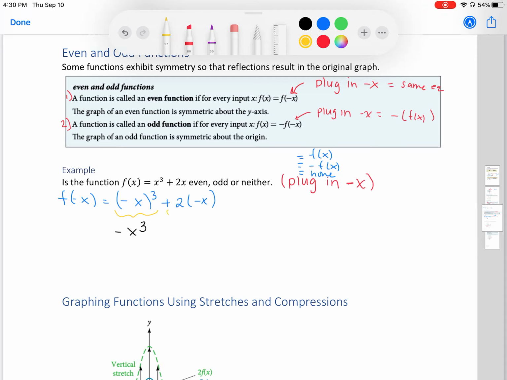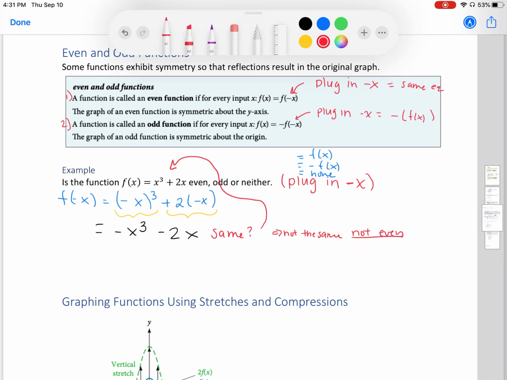And then we have 2 times negative x, that gives us negative 2x. Okay, so we worked it out. Is it the same? We compare it to our function and it's not the same. So because it's not the same, we know it's not even.